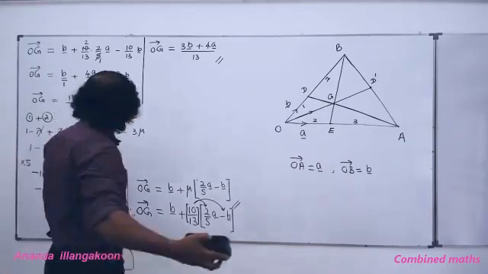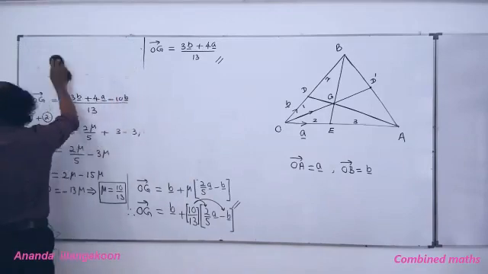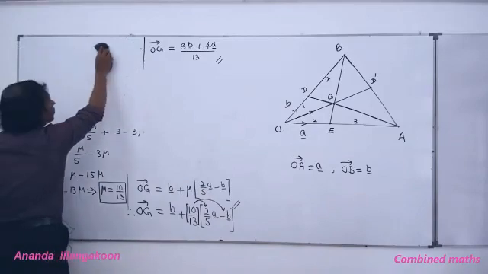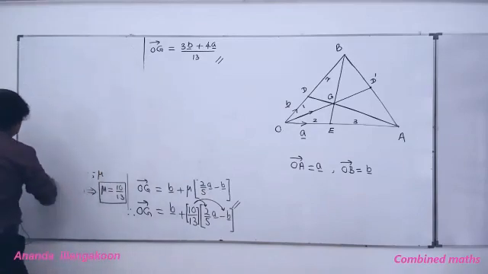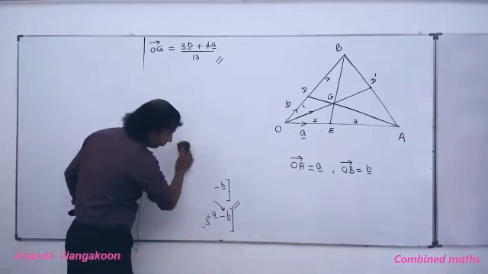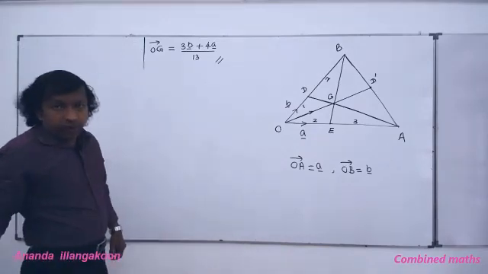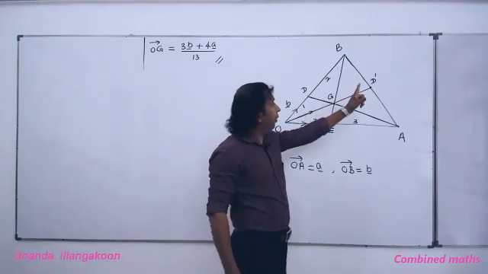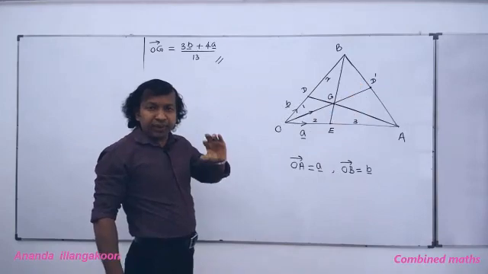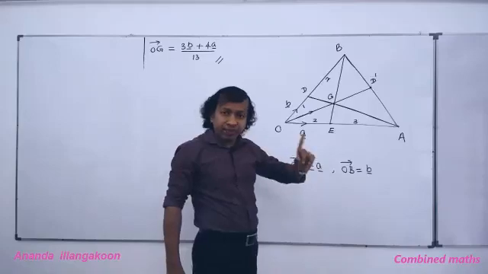Now, people, this OD dash can be obtained by multiplying OG by a value, no?